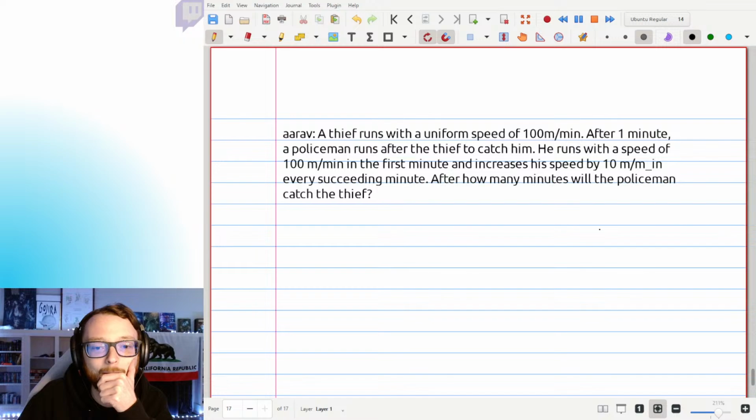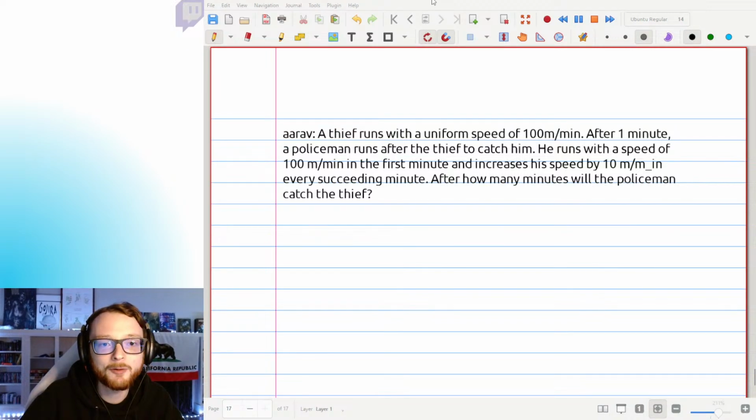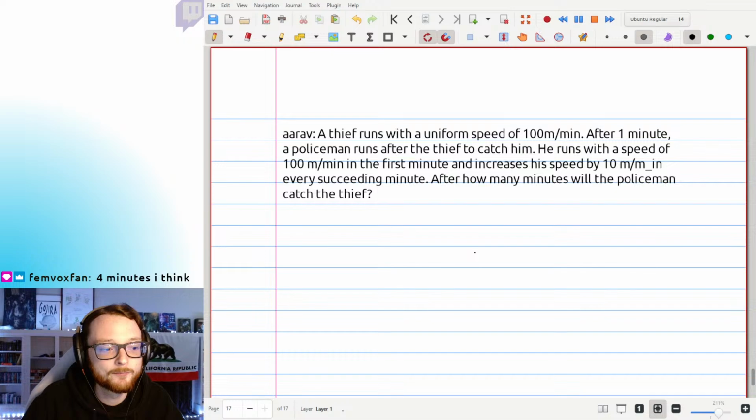Hmm. Honestly, I kind of want to graph this. Oh, maybe making a table is better. Yeah, I think I want to make a table here. That wants to call in 4 minutes. Okay. Let me make a table with 3 columns.